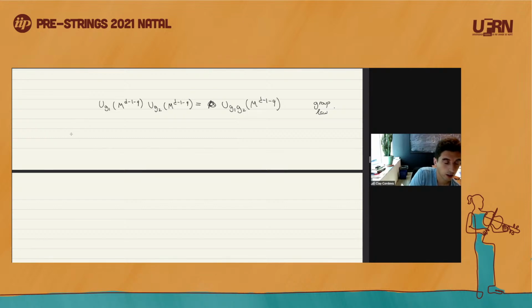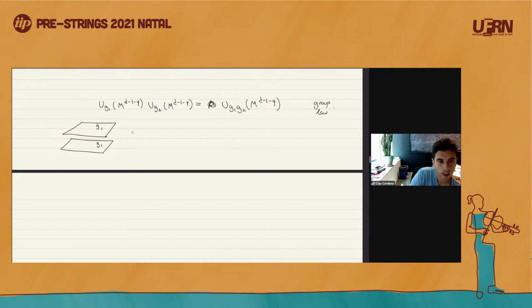Here's G1, I'm abbreviating U_G1 as just G1, and here's G2. I've taken the liberty of deforming this M down a little bit, and there's no way to push them past each other.